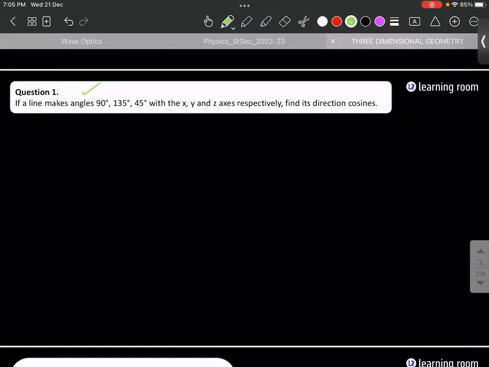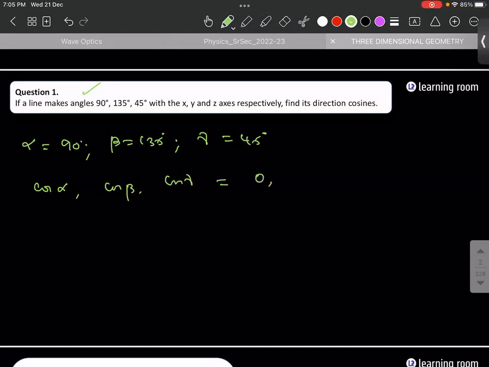Cos alpha, cos beta, and cos gamma. What is the answer? Alpha is 90, beta is 135, and gamma is 45 degrees. So cos alpha, cos beta, and cos gamma are going to be equal to 0, minus 1 by root 2, and 1 by root 2.